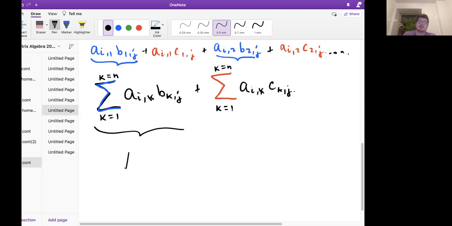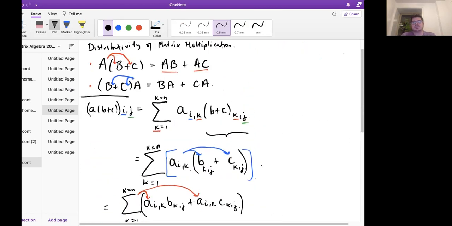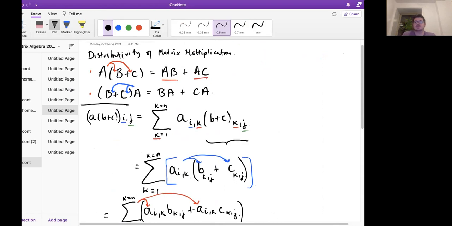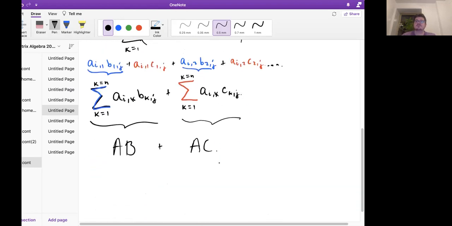AB, yeah. And what matrix has this as its entries? AC. So we proved it. So as practice, why don't you try doing the other way? Why don't you try multiplying on the right? So the same thing happens, but all these things are kind of reversed.